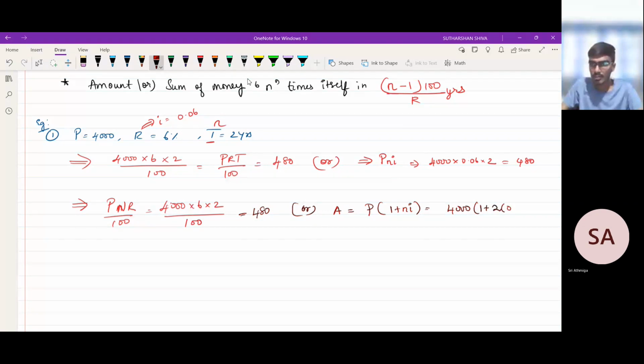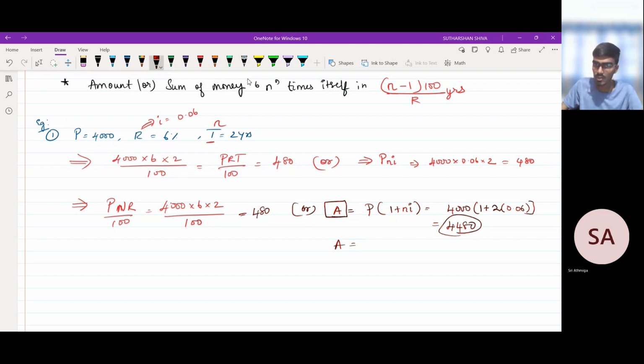What is the I value? It is 0.06. If we do 2 into 0.06, you will get 0.12, plus 1. It is 1.12 into 4,000. You will get 4,480.